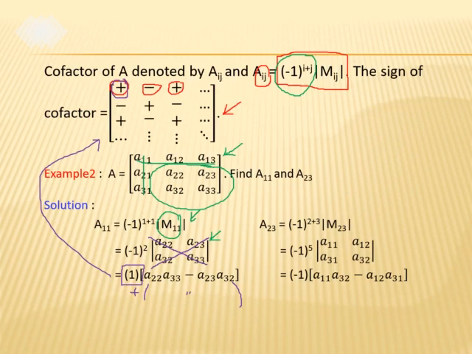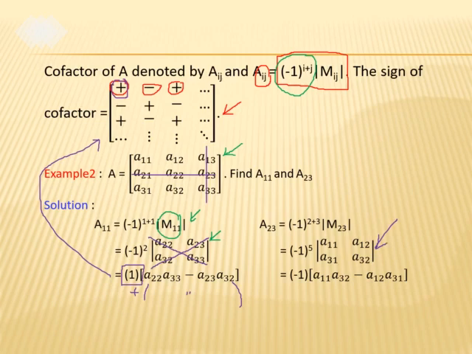Okay, for A23, negative 1 power 2 plus 3, and then the minor 2, 3. Okay, we go for minor 2, 3. We cover row 2, we cover column 3. So left to you A11, 1, 2, 3, 1, and 3, 2.